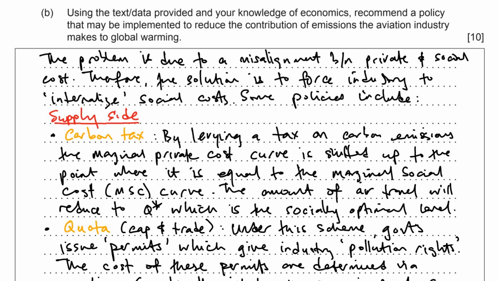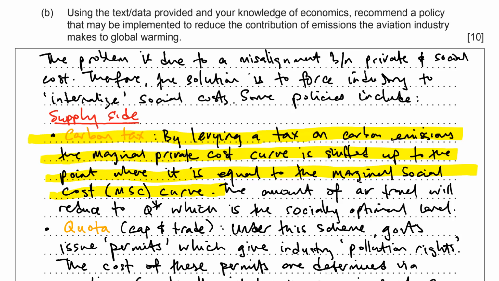So in terms of the supply side policies, we can use, for example, a carbon tax. By levying a tax on carbon emissions, the marginal private cost curve is shifted up to the point where it is equal to the marginal social cost, or MSC curve. The amount of air travel will reduce to Q star, which is the socially optimal level.